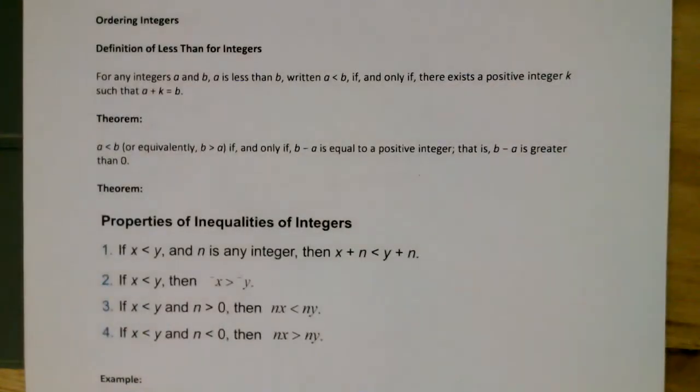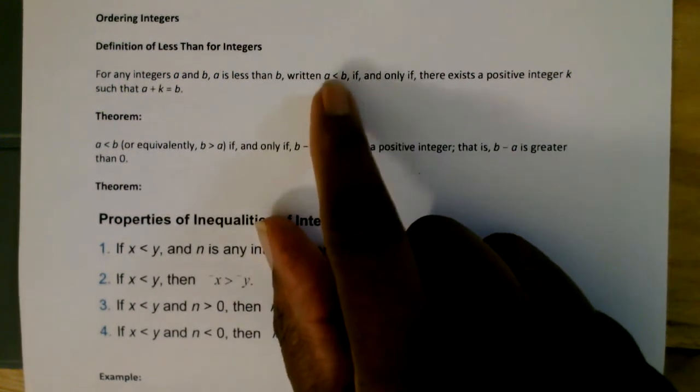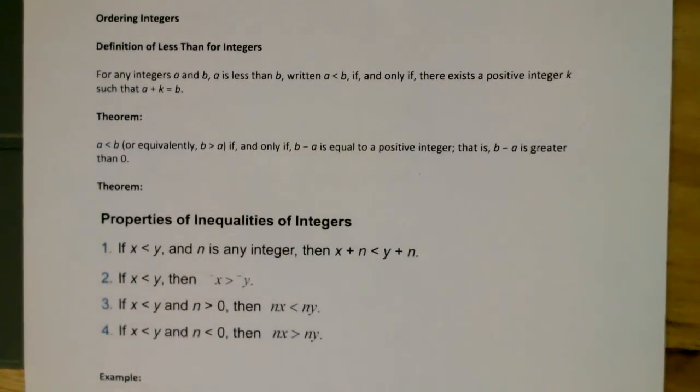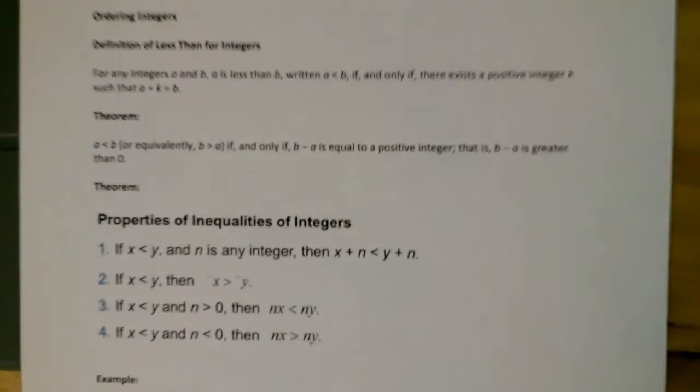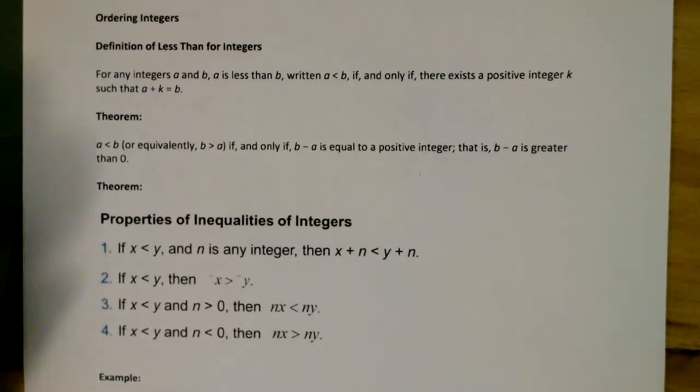All right, on the next page is just ordering integers. And this is just a definition of less than for integers here. For any integers A and B, A is less than B, written as this with the less than symbol, if and only if there exists a positive integer k such that A plus some positive integer k equals B. Okay.